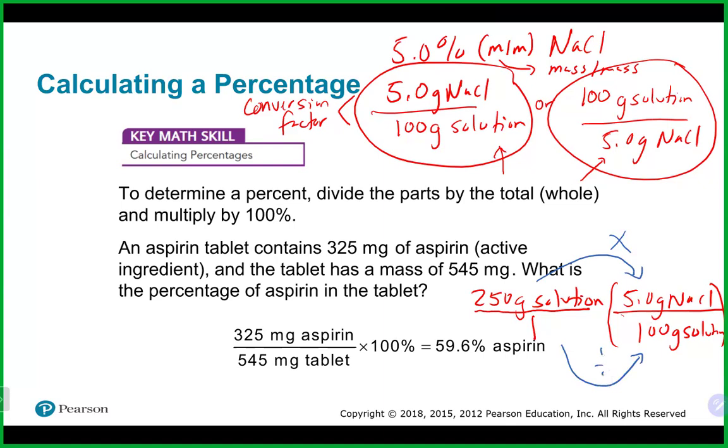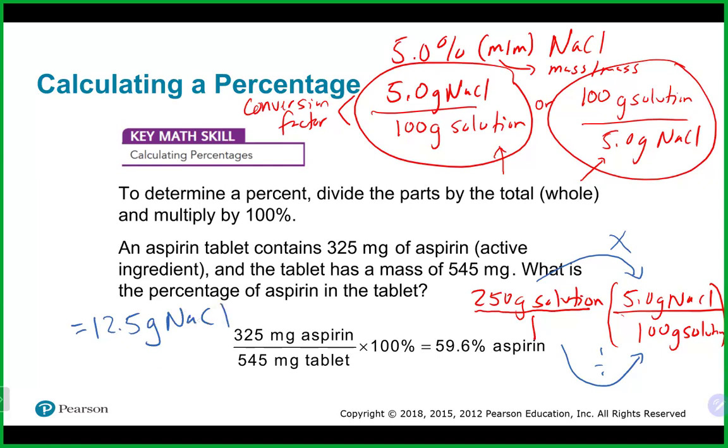So what we would do here mathematically is we would multiply up on top 250 times 5 and hit equals, which would give us 1250. We then would come back and divide it by what's on the bottom, which is 100, and hit equals. And we end up with, over here, 12.5 grams of sodium chloride.